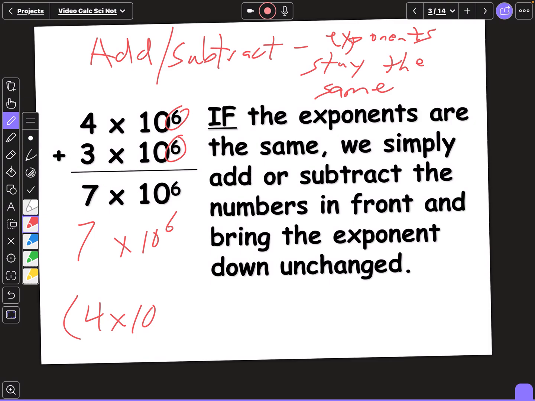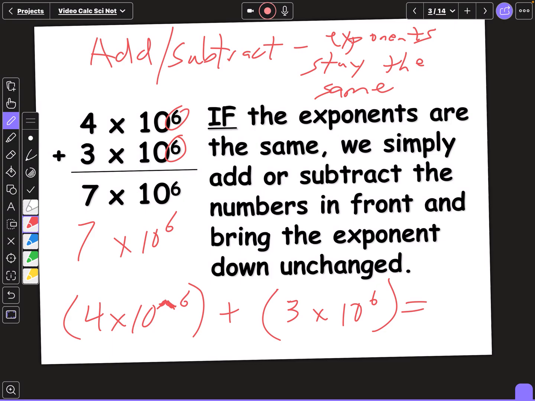And a lot of times on your calculator, if you have like a TI-30 or above, it will have a little sign like that right there, little upside down V, which means raised to. So you can punch in 10 raised to the 6th power, close parentheses, and then you add, and then you have to put parentheses again for the next number in scientific notation, which will be 3 times 10 to the 6th. If you punch that in just like that, it will give you the correct answer, and you don't have to worry about figuring out your exponents.